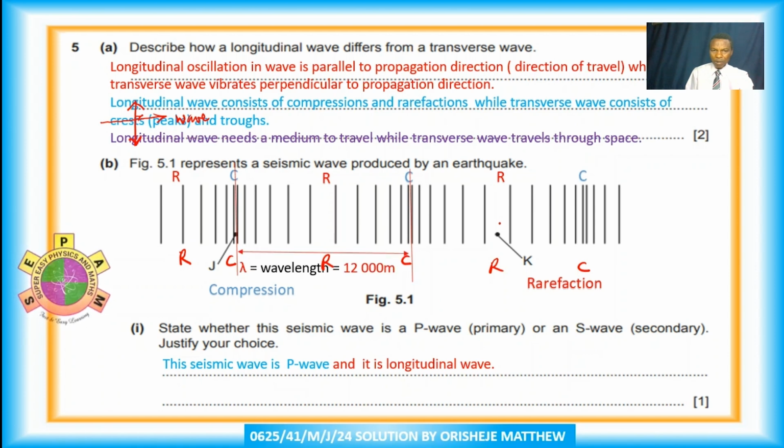The wavelength is 12 kilometers, and that is compression to compression. Then JK is compression to rarefaction. So compression to rarefaction is half a wavelength. So this is 1 wavelength plus. So this from C, CRC.